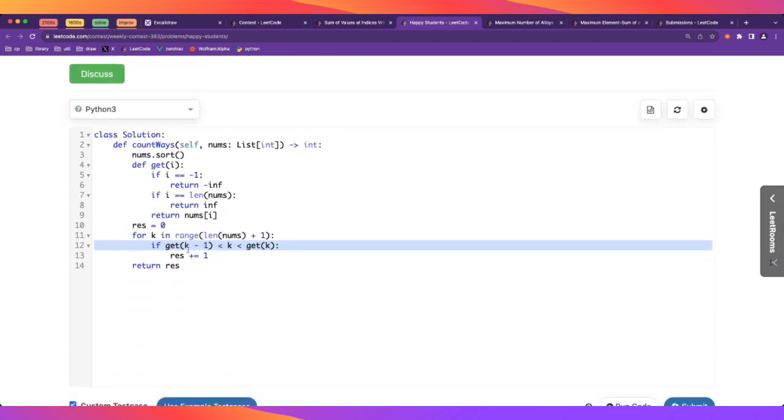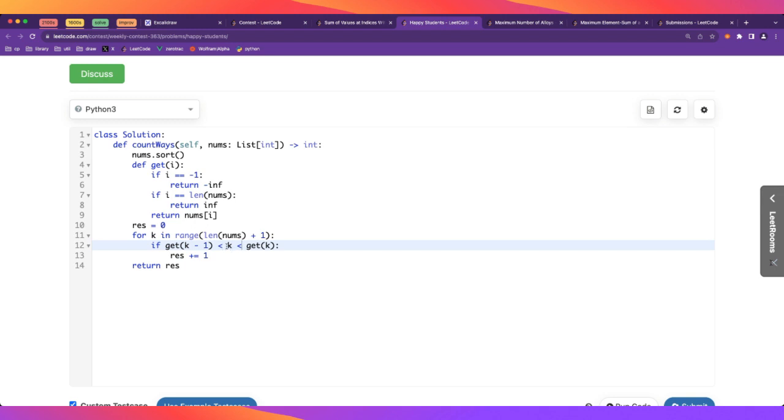Notice that here we could also do a binary search to see how many elements are less than k and how many are greater. But we don't need to, because we don't care how many there are.